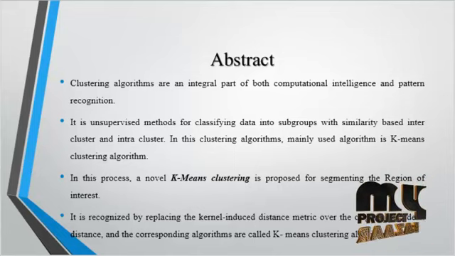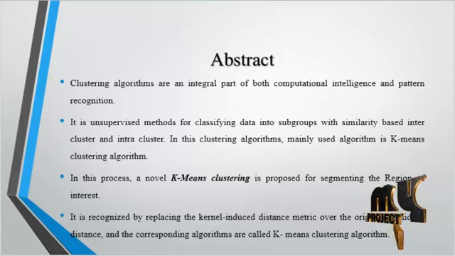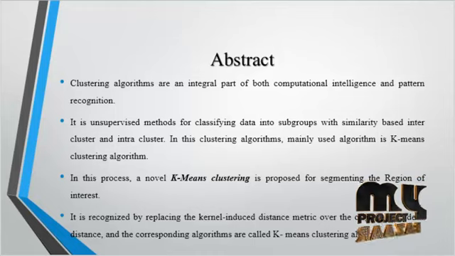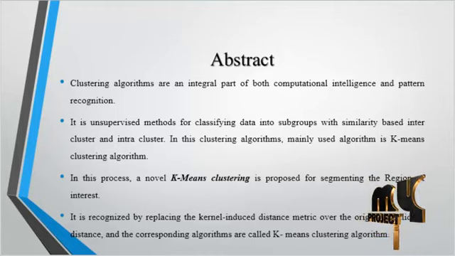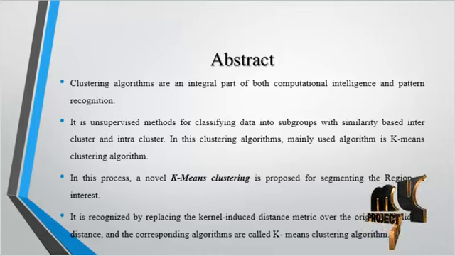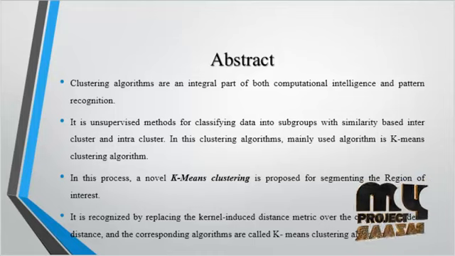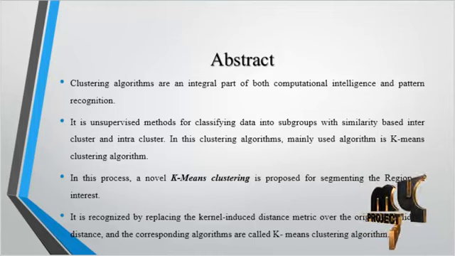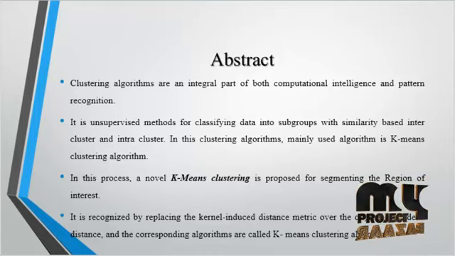In clustering, the mainly used algorithm is the k-means clustering algorithm. Hence, in this process, a k-means clustering algorithm is proposed to segment the region of interest, that is, the affected regions, and it is recognized by replacing the kernel-induced system matrix over the original Euclidean distance, and the corresponding algorithm is called the kernel k-means clustering algorithm.